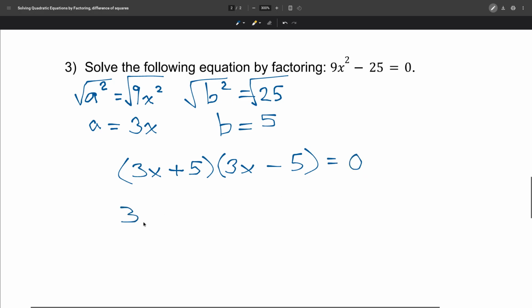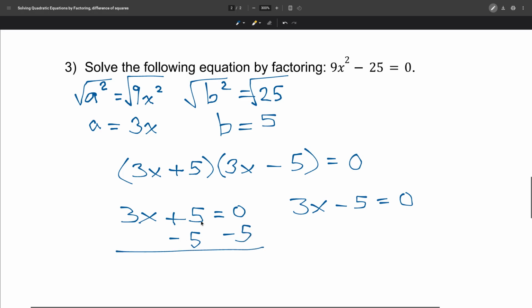So we're going to say 3x plus 5 equals 0. And 3x minus 5 equals 0. Okay, so first off, I'm going to subtract 5 from both sides here. 5 minus 5 is 0.